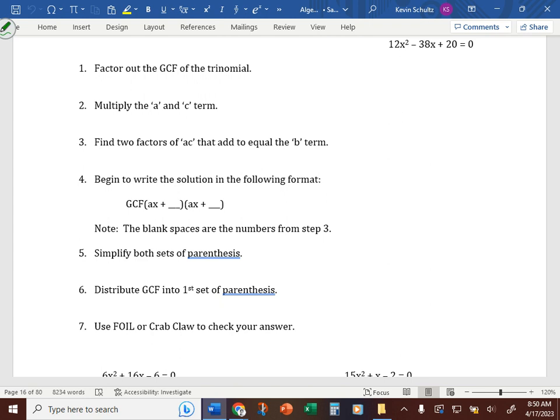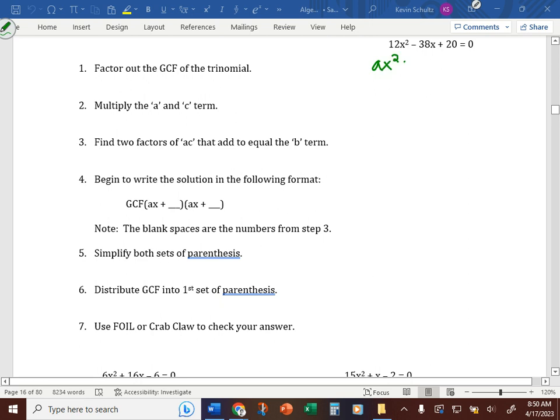12x squared minus 38x plus 20 equals 0. Now, it's important to remember the standard form of a parabola. I think we mentioned before that ultimately, we're going to graph these equations as parabolas. They're in the form ax squared plus bx plus c, where your a term is your coefficient to x squared, your b term is your coefficient to x, and your c term is your constant.